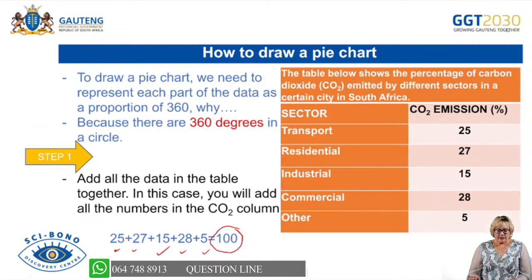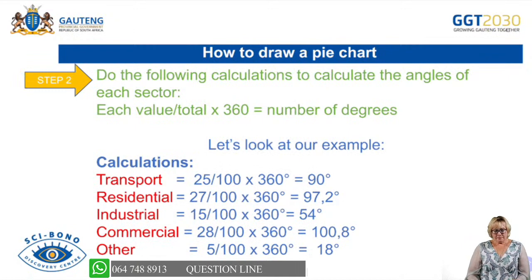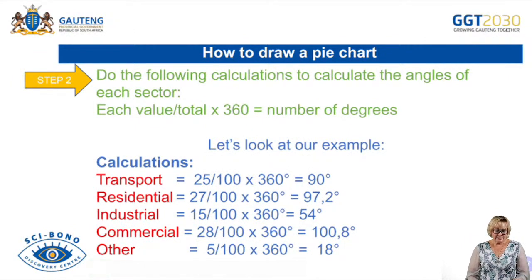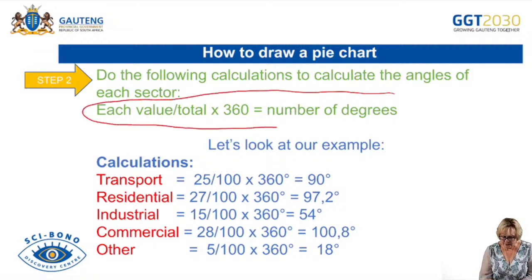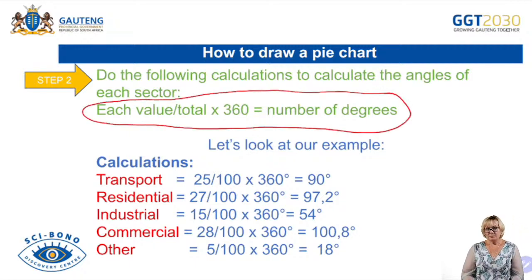All right. How do I do that? Do the following calculations to calculate the angles of each sector. Each value is divided by the total times 360 to give you the number of degrees. This you must remember, because this formula is not going to be given to you.